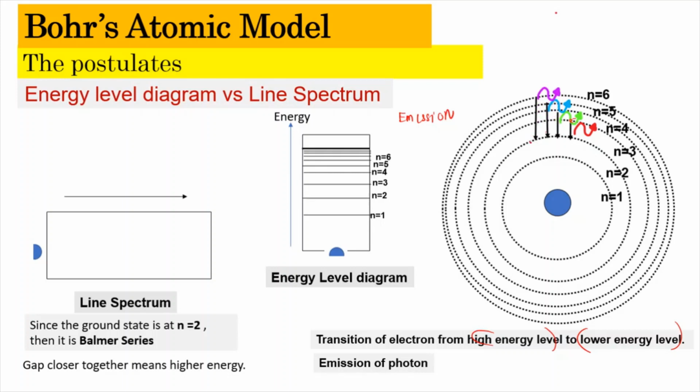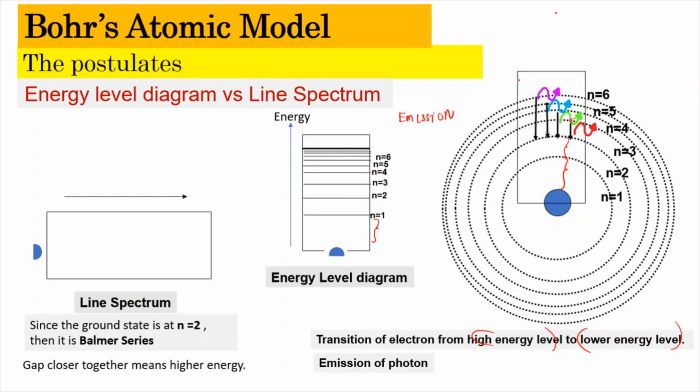Okay, and you have also learned about the energy level diagram, in which the energy level diagram depends on the gap between one energy level and another. For example, in this case, the energy gap between the first orbit and the nucleus is very, very huge, and then from here to here, it gets smaller and smaller and smaller. The similar thing happens in your energy level diagram.